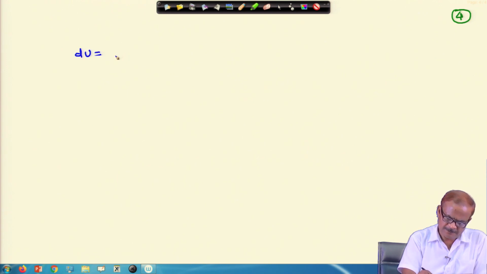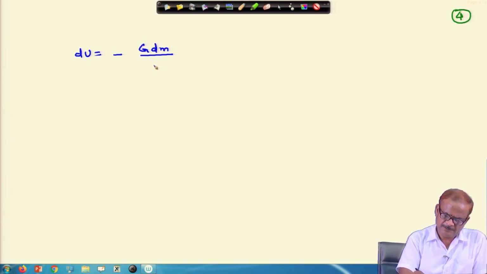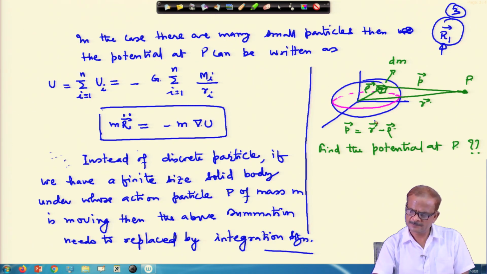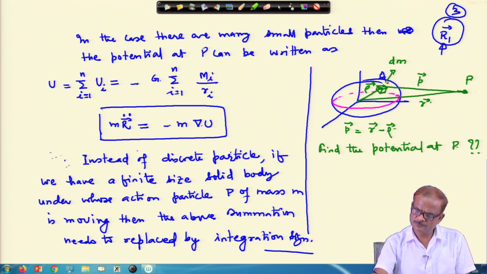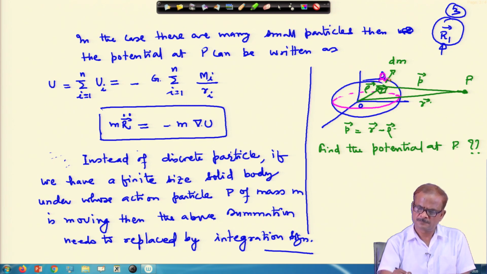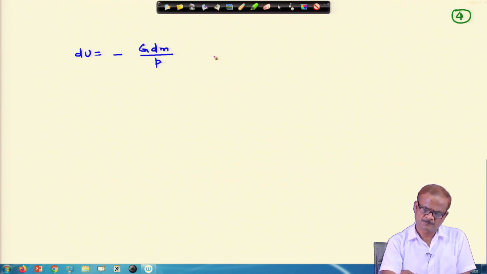So, du is then minus G times dm divided by the distance p, which in this case we can write this point as Q, and this point as O. So, the PQ distance is p magnitude, equal to p, this is nothing but the distance PQ.